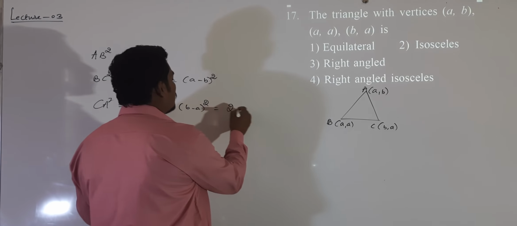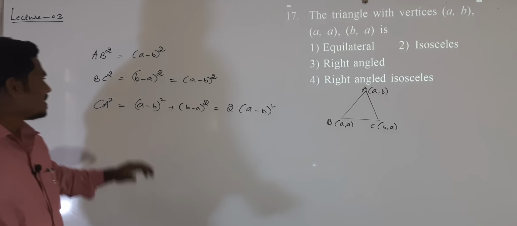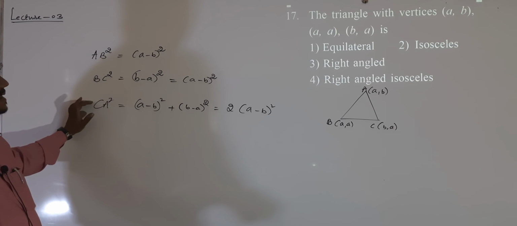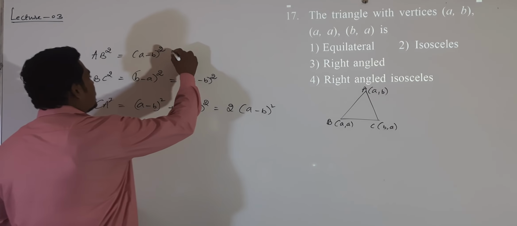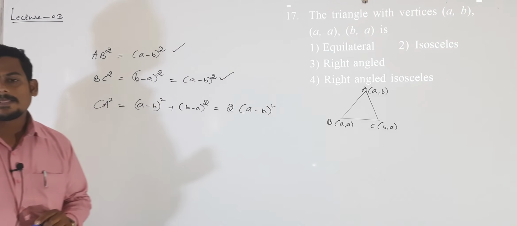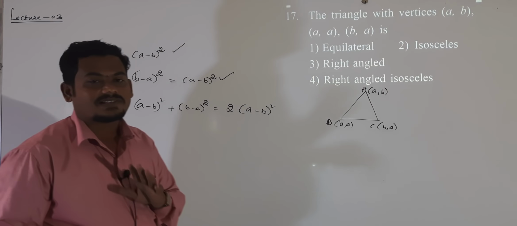So it will be 2 times (A minus B) whole square. Just look at their side lengths, AB square, BC square and CA square. Clearly side length AB is the same as side length BC, right? It is one condition: two sides are equal, so it may be isosceles.